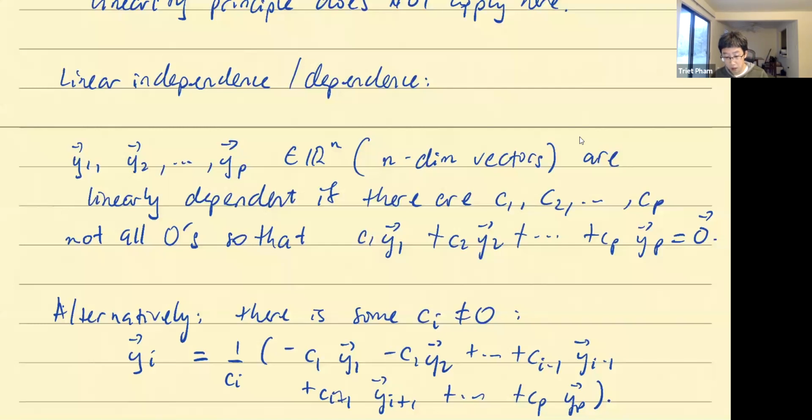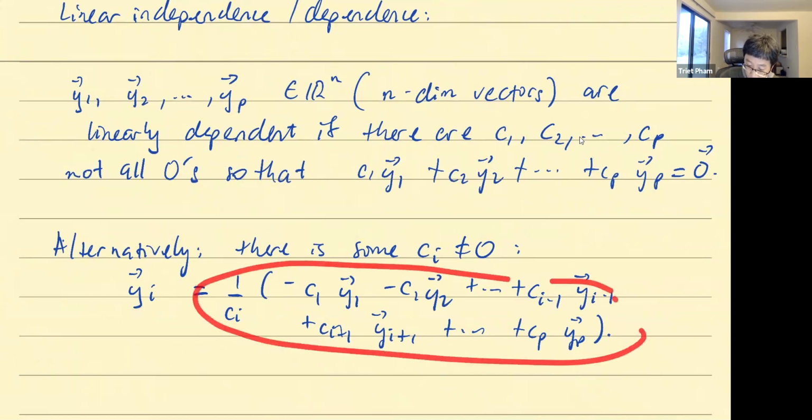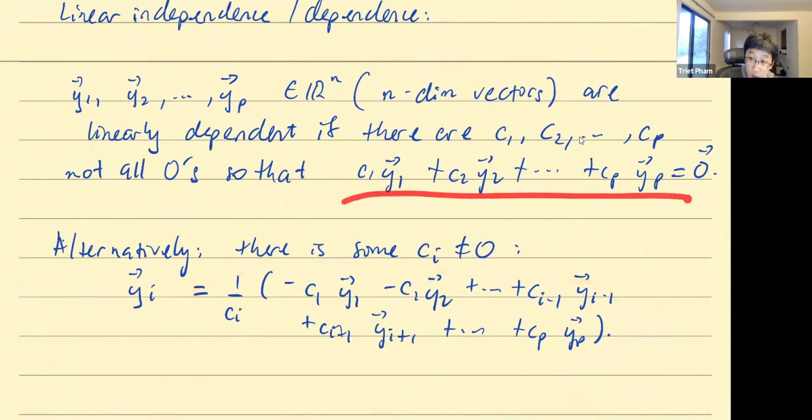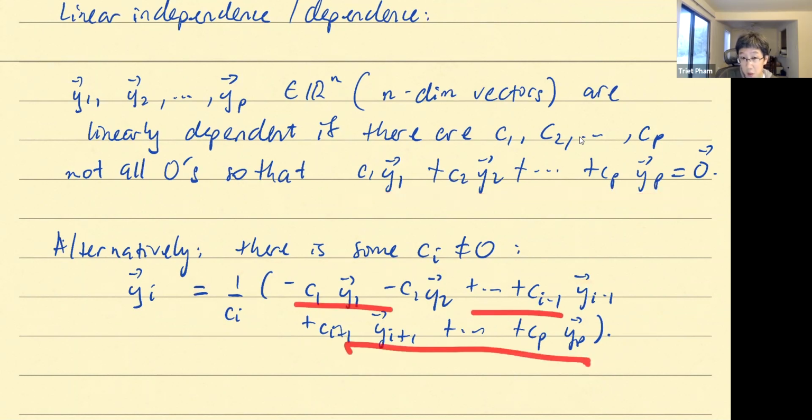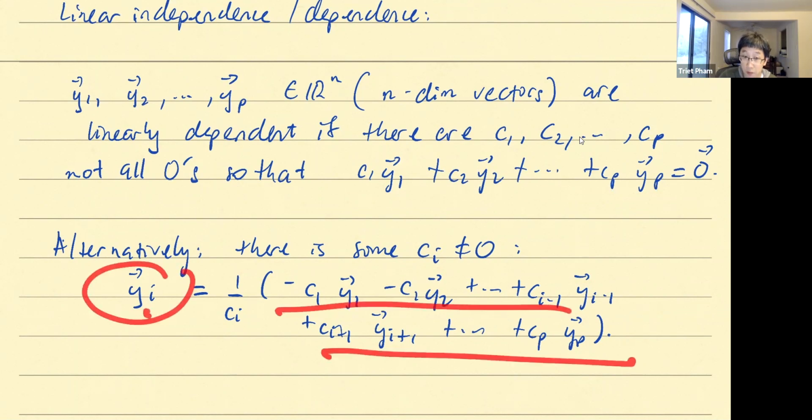I think you may appreciate this more, because basically what it says is that the ith vector can be written as, by the way, this is called a linear combination of the other vectors. So in other words, this is not super needed as far as the span of the vectors is concerned, because you can always replace the action of this guy by the action of the remaining guys.